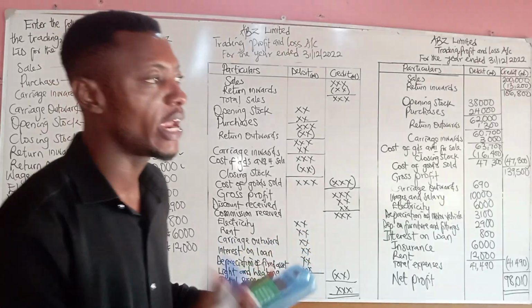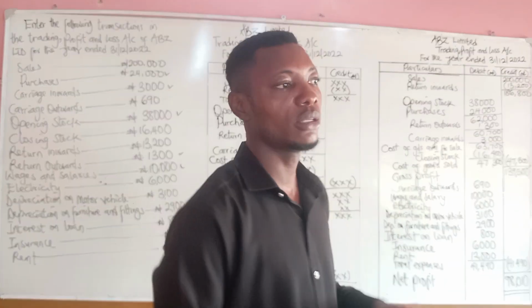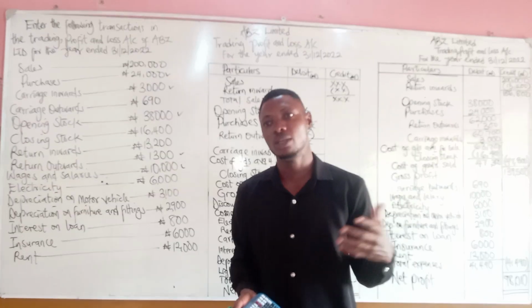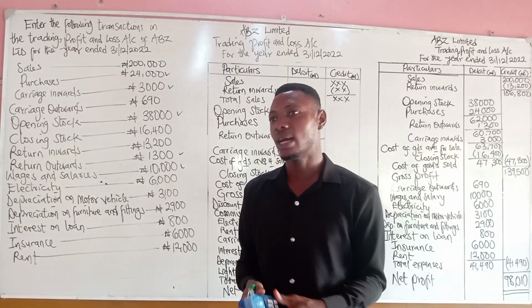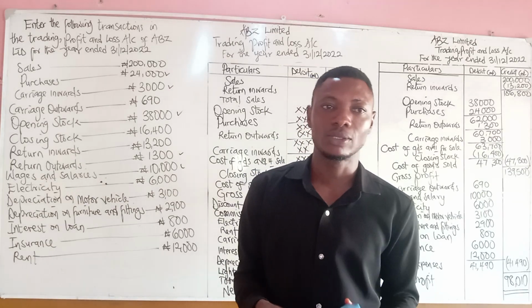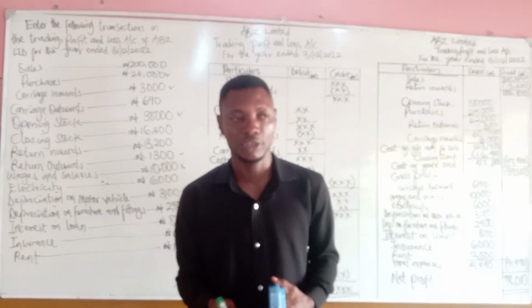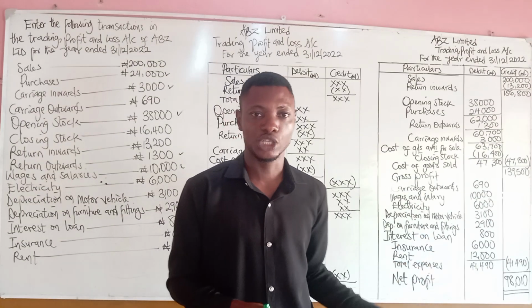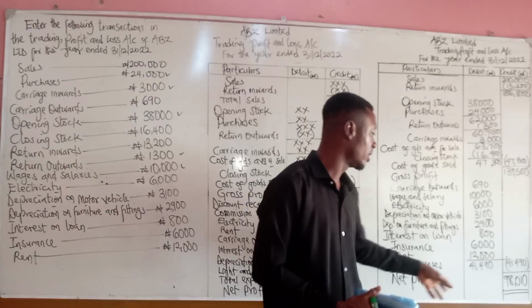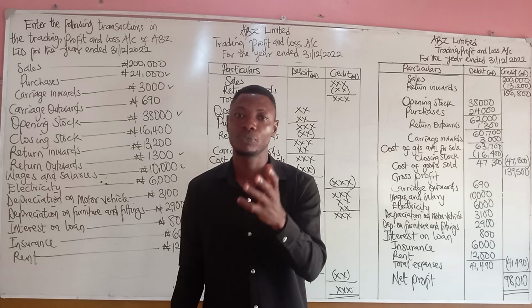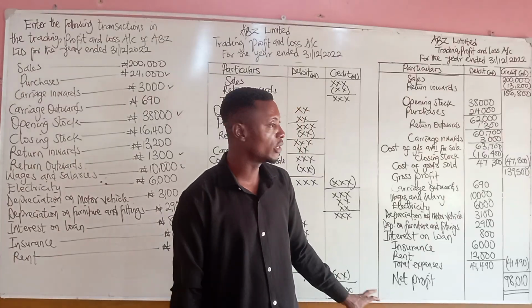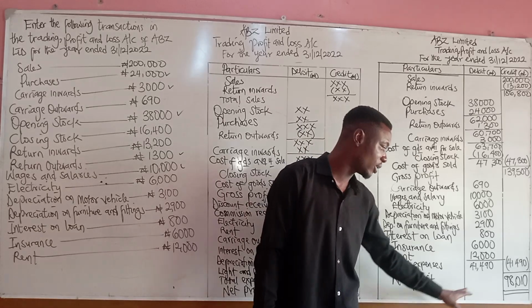Now I want to throw in a little caveat when solving for trading profit and loss account. Sometimes taxation, which is a compulsory levy by government on every working individual or every organization on profit realized, is involved. Say we are to pay tax of 10% on net profit. What we are going to do is calculate organizational tax.